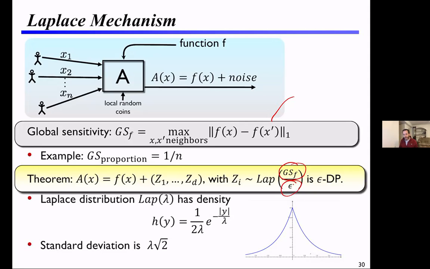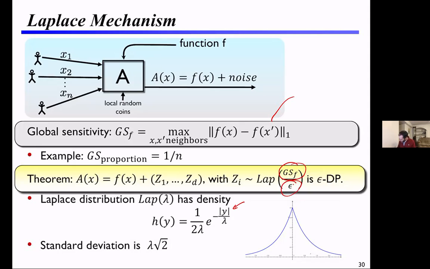Its density has this form. It scales with the absolute value of the argument. If you run it with parameter lambda, then the density is 1/2 lambda times e to the minus the absolute value of the argument over lambda.